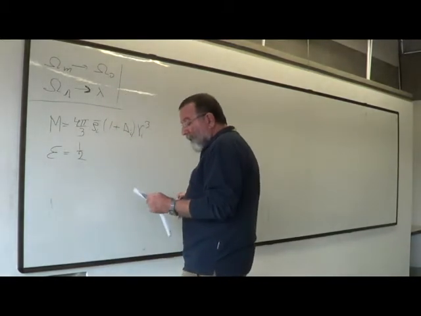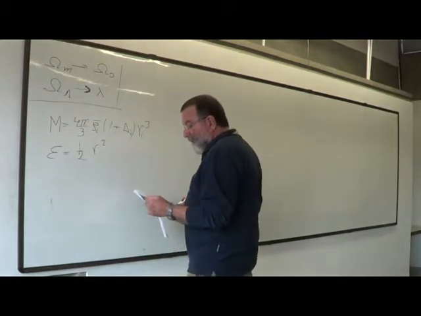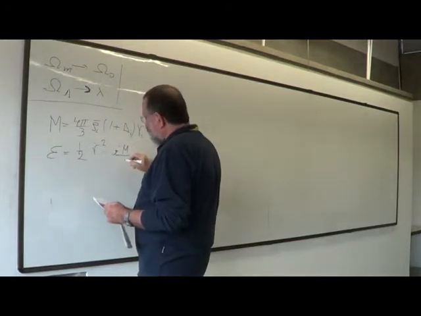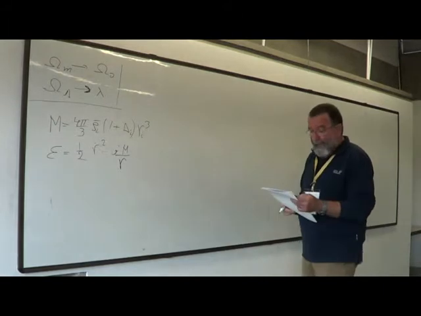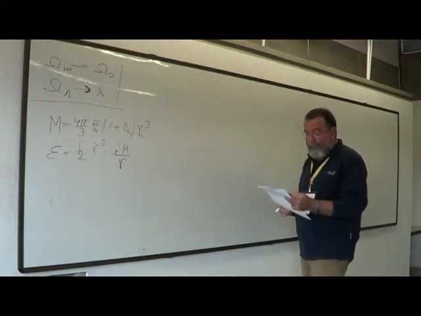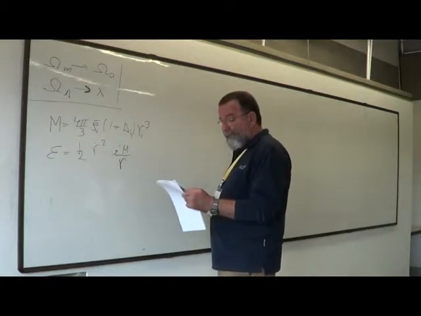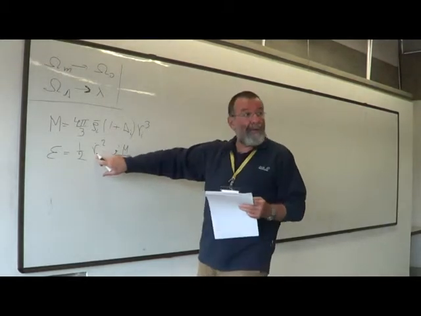Then, actually what I have here is r dot squared minus G M over r, okay? And I have it here like that because I'm doing it per unit mass, okay?